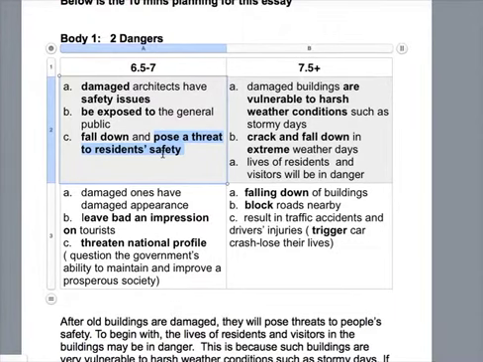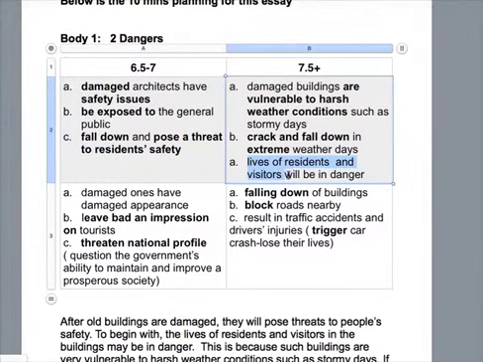Another problem is safety is not specific. If you say this will cause injuries, it's more specific than safety. That's why I put lives of residents and visitors may be in danger. So lives in danger, be in danger. It's more specific. This means they may die, they may lose their lives.